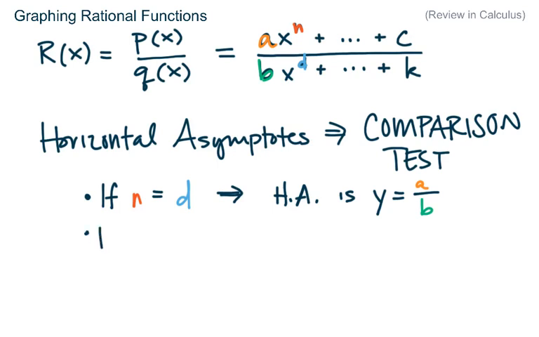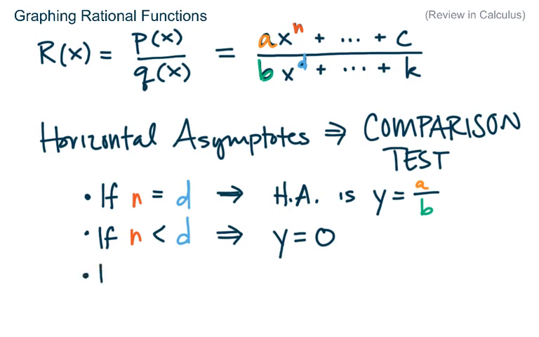Now, if the degree of the numerator, if that n value, is smaller than the degree of the denominator, what we end up with is y equals 0, and that will always be the case. So again, we compare the degree of the numerator to the degree of the denominator, and if the numerator is smaller than the denominator, we end up with y equals 0.